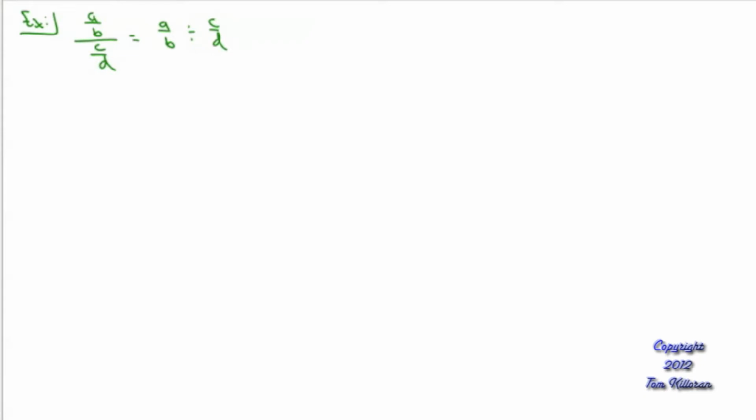Yeah, that's what I'm getting to. So this is going to equal A over B times the reciprocal of the division fraction. And then when you get it into that form, it's just AD over BC. You just multiply it. So division and multiplication are technically the exact same operation, just like addition and subtraction is technically the same operation.